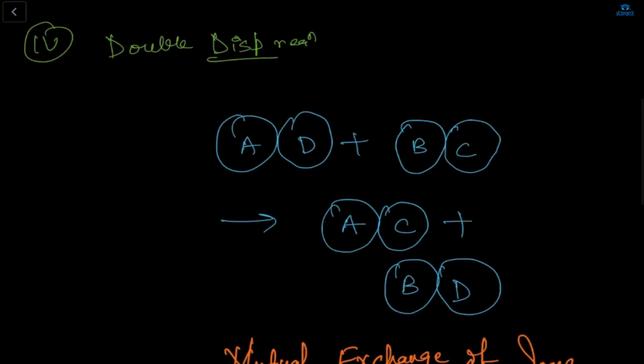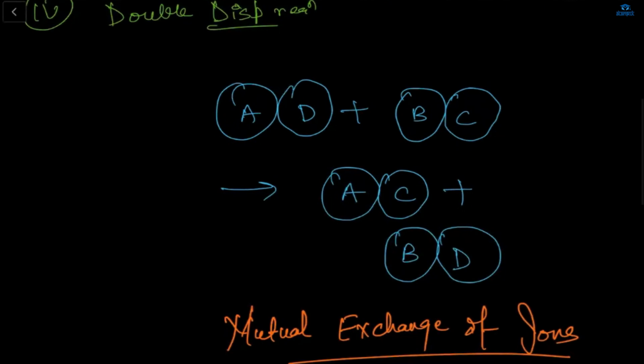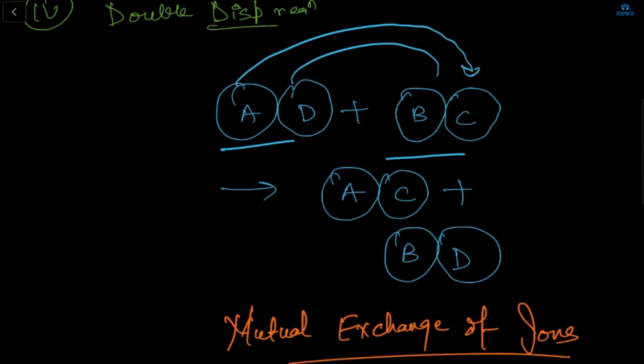Next, what is double displacement reaction? Double displacement means AD and BC: A is combining with C and B is combining with D. So here the double displacement is happening.